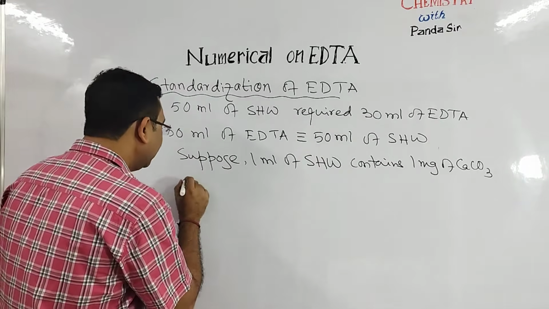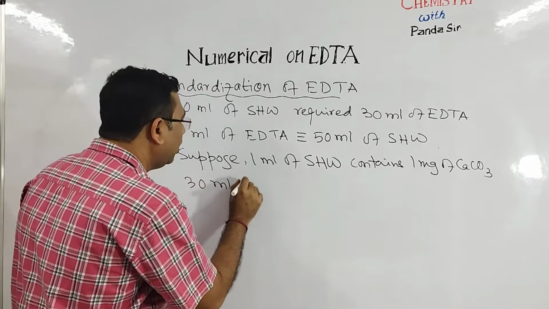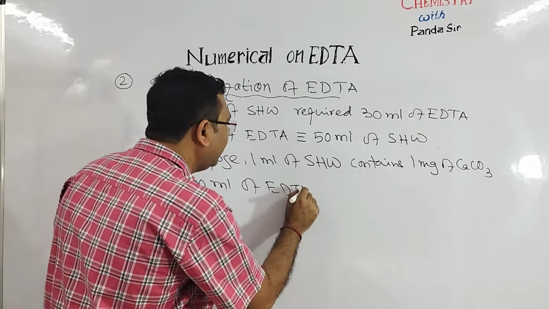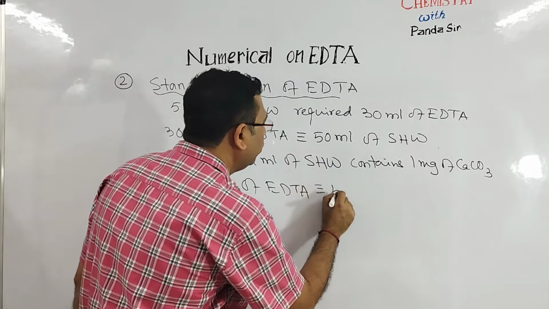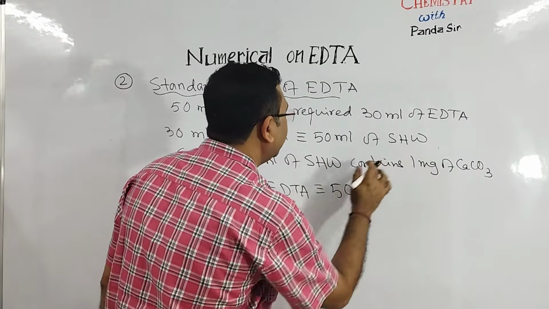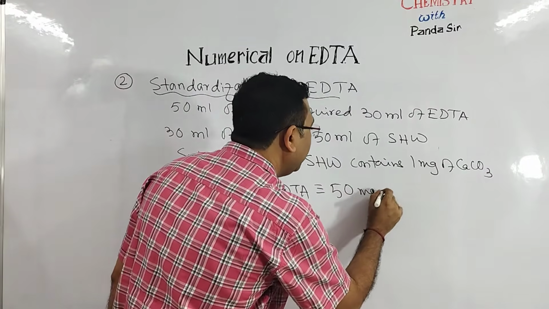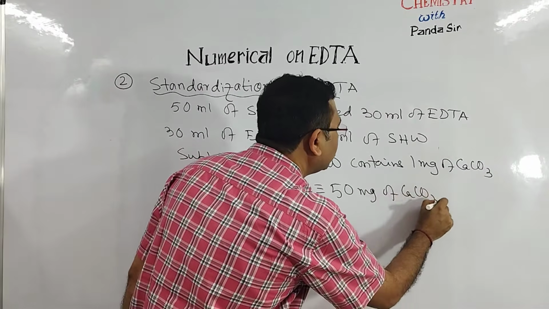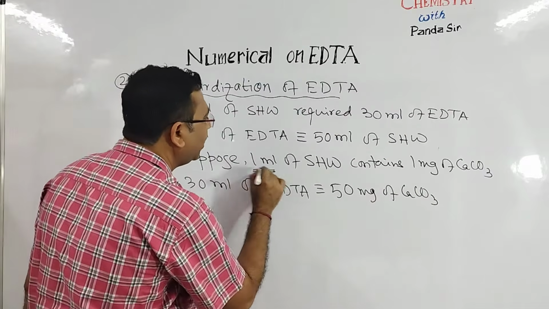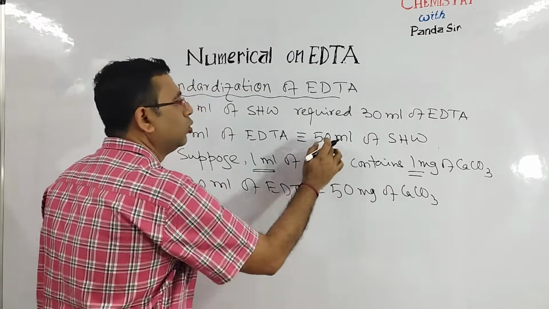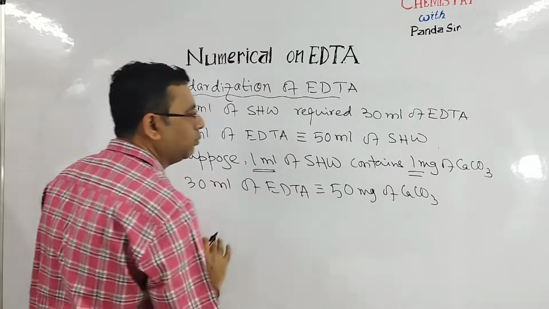So I'll write that 30 ml of EDTA is equivalent to 50 ml of standard hard water, meaning 50 milligrams of CaCO3, because you can see 1 ml contains 1 milligram. So 50 ml contains 50 milligrams of CaCO3.